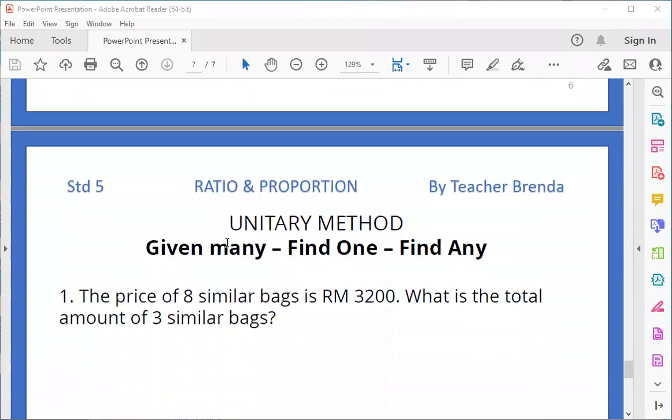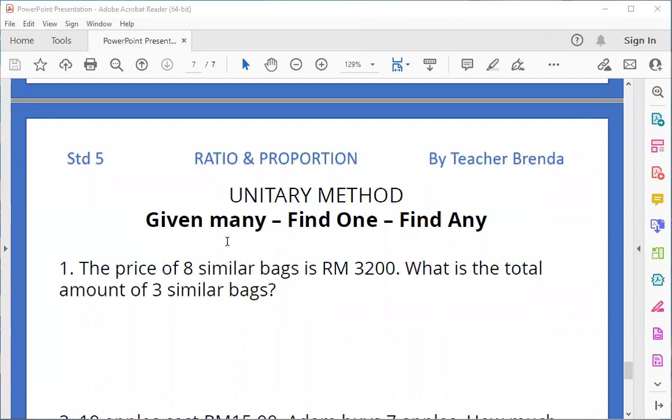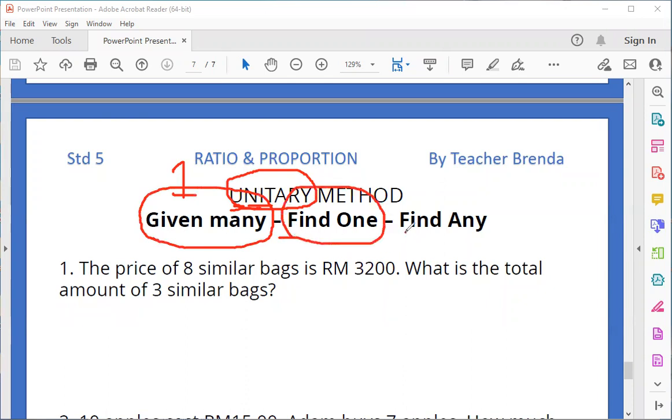All right. Now, let's go to the final part of learning ratios and proportion, in which you will come across this word called unitary. Now, unitary means one. Uni means one. I give you many, you find one, and then you find any.